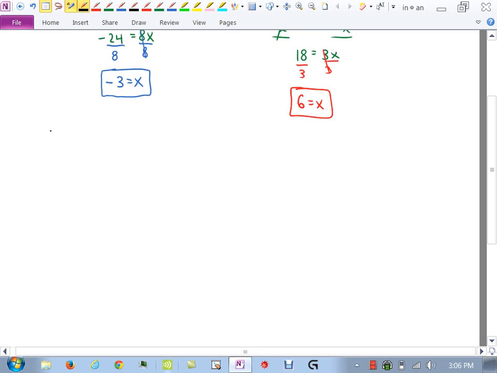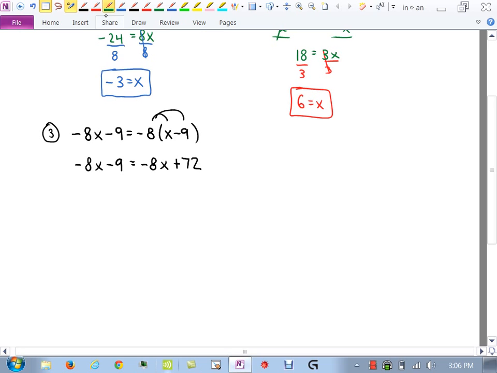Number 3, negative 8x minus 9 equals negative 8 times, in parentheses, x minus 9. I will clear grouping symbols by distributing here. Negative 8x minus 9 equals negative 8x again, plus 72.